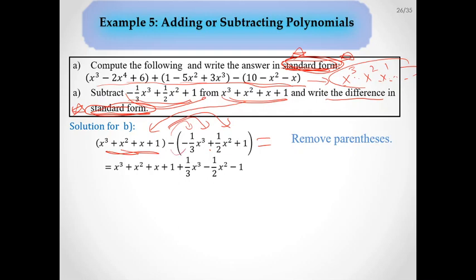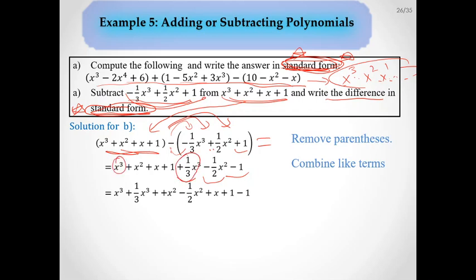So as you see here, plus, and the negative plus, negative times plus 1, so it will be negative 1. Now we look at the like terms. We combine the like terms. Look here, you can bring them together. And bring these together, like this one and this one.